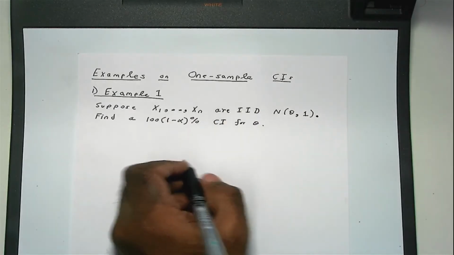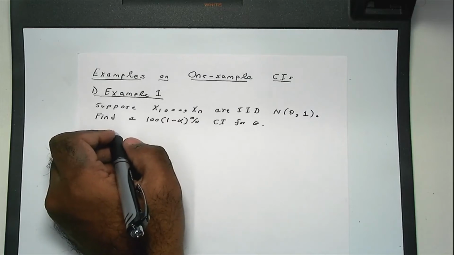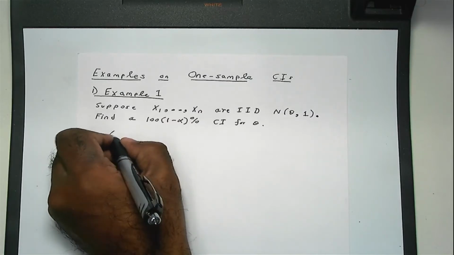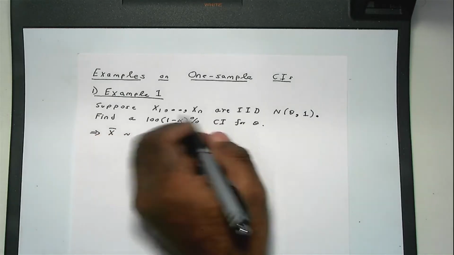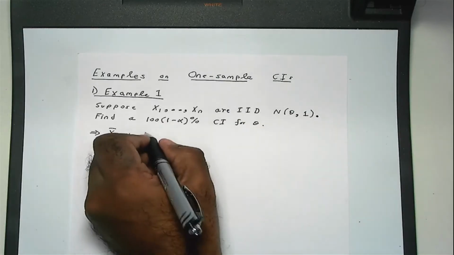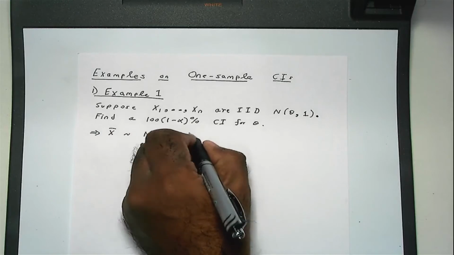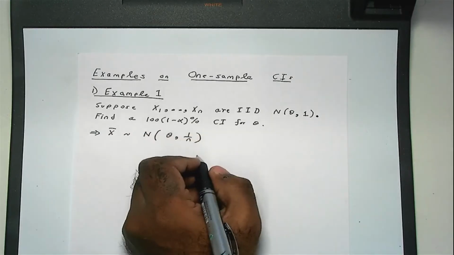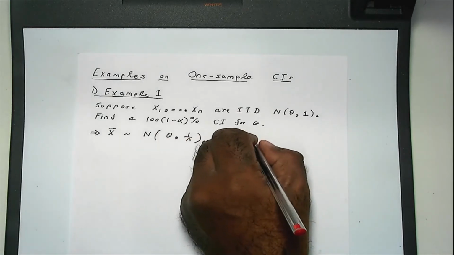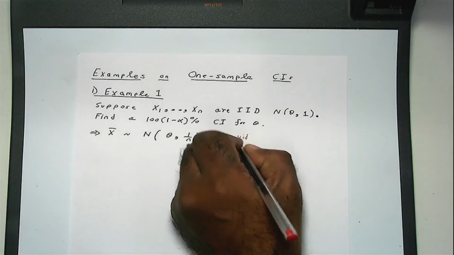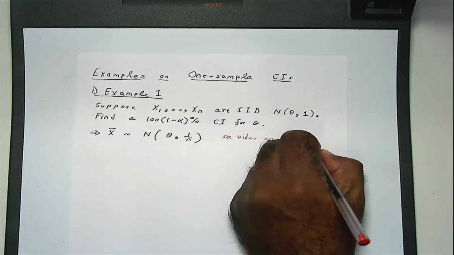This is similar to case 1 that I considered in the previous video. The first result is that if this is a random sample from this distribution, the result that you should remember is the following. You should look at the video on normal distribution, since this is one of the properties I mentioned there.